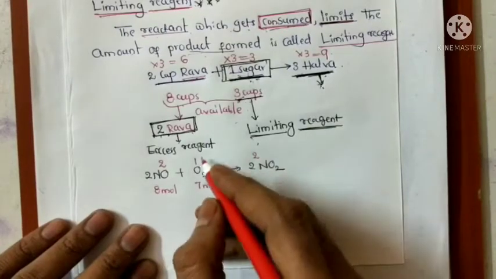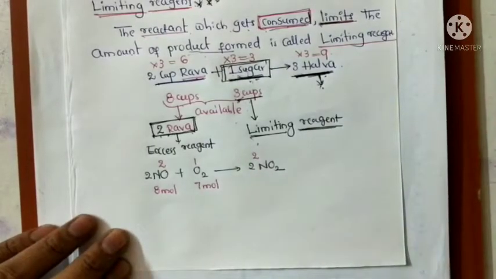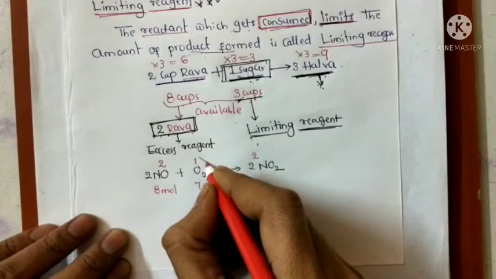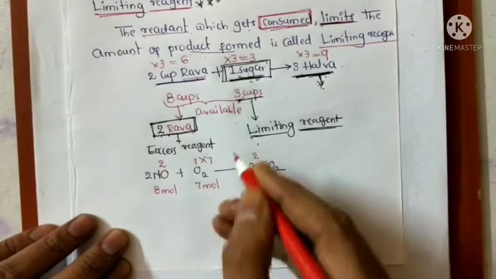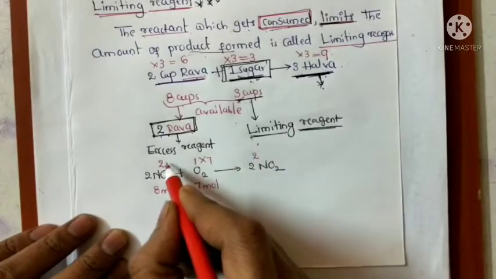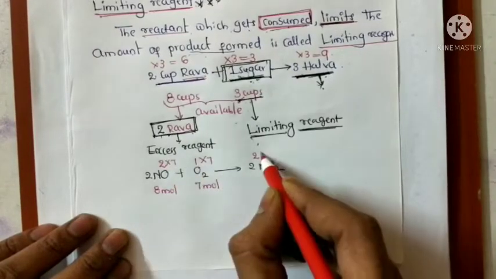For example, here you will multiply by 7. So here it is 7, here also 7, and here also 7.